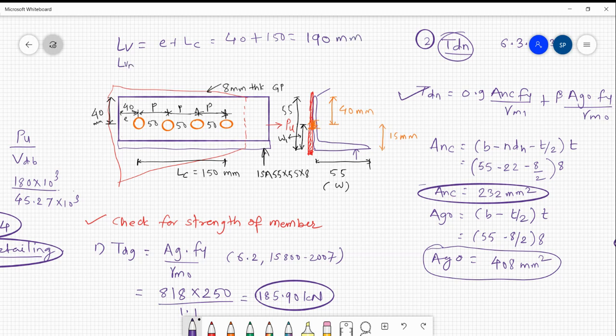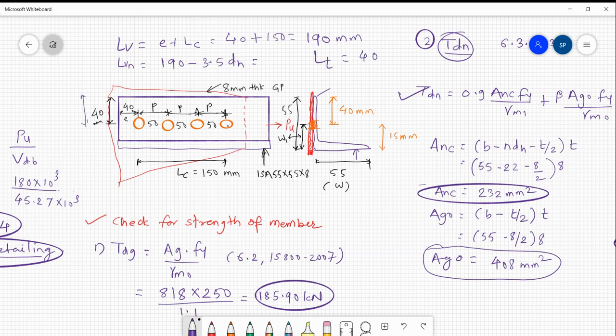Then LVN, so 190 minus 3.5 times diameter of hole. Now to get all details of how to get LVN, you can refer previous video lectures on YouTube. So after doing this, you will be able to find out LVN value. Similarly, LT is 40.